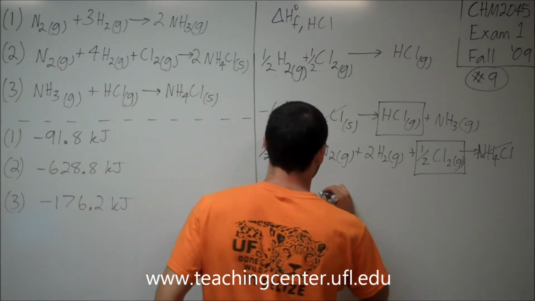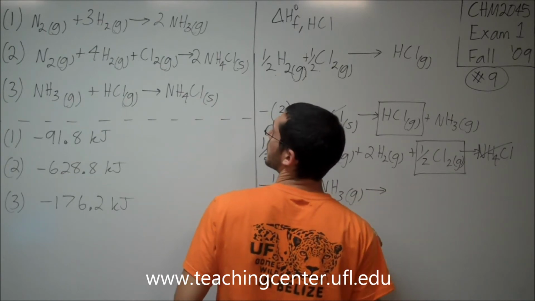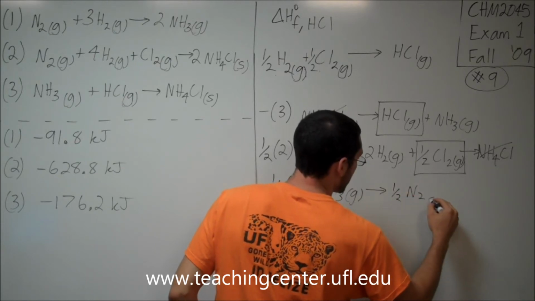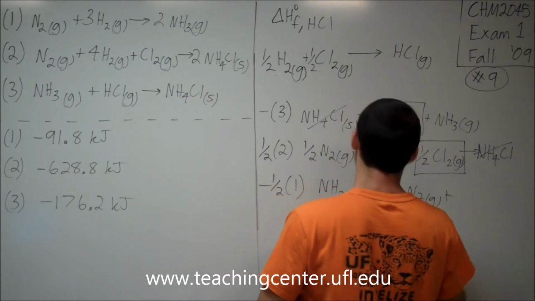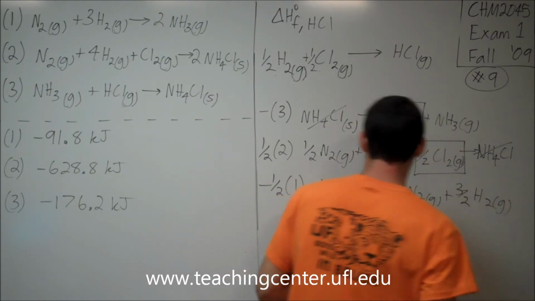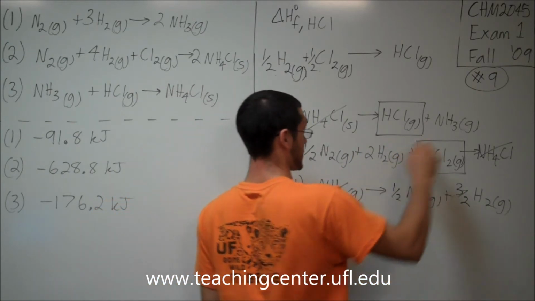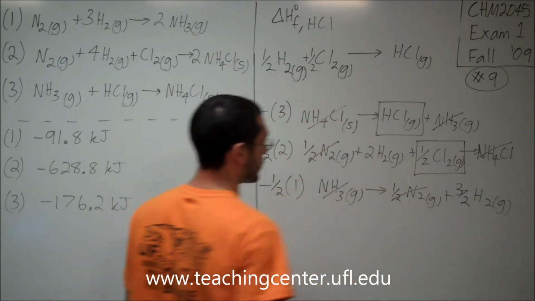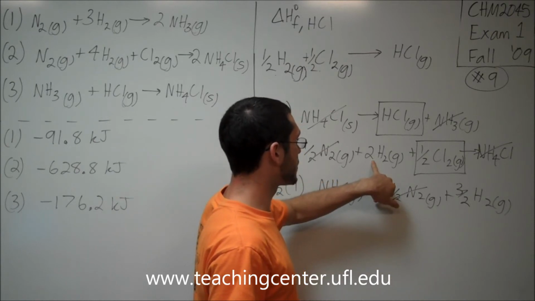Let's do that. I end up with ammonia gas yields half an N2 plus 3 halves H2 gas. And now I'll see what cancels. The NH3 cancels NH3. The 1/2 N2 cancels 1/2 N2. And then I have 2 H2s.